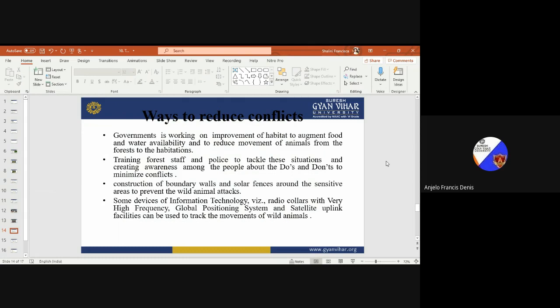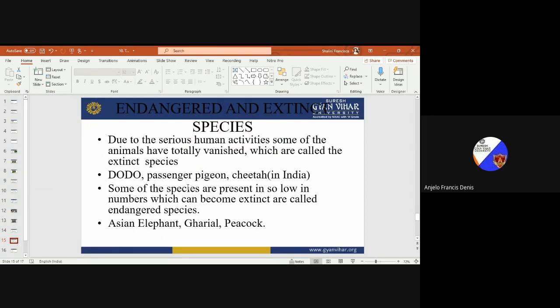Boundary walls and solar fences are constructed around sensitive areas to prevent wild animal attacks. Devices of information technology, with radio collars with very high frequency, global positioning system and satellite uplink facilities, can be used to track the movement of wild animals.